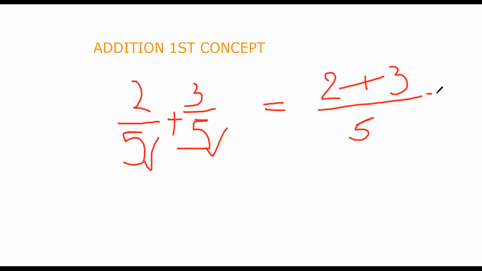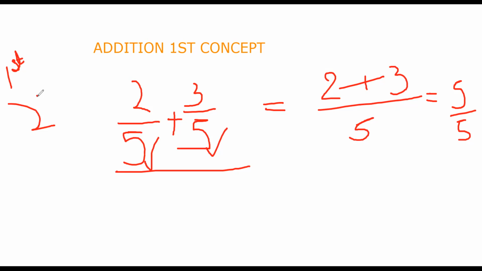But if we don't have the same denominators, what will we do? We'll get the answer for this also, but before that, let's understand the steps for it. The first step is to check the denominators of the fractions.